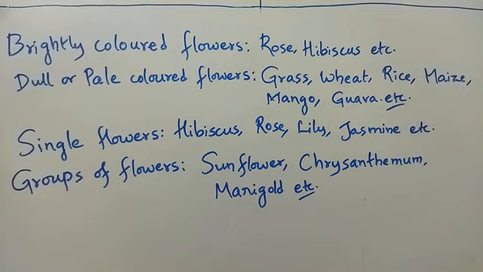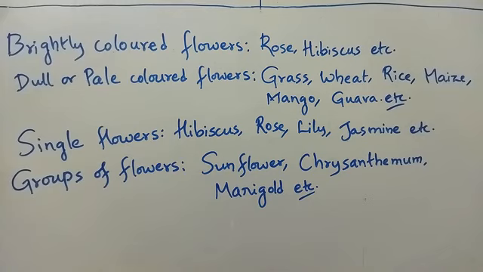So, single flowers having plants, examples are again same: hibiscus, rose, lily, jasmine, etc. Even here you can say these grass plants also, wheat, rice, maize, mango, guava, they also are present as single flowers.